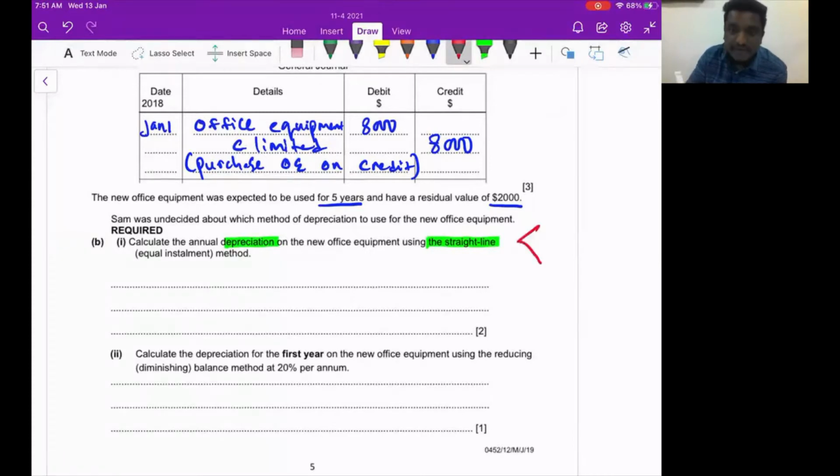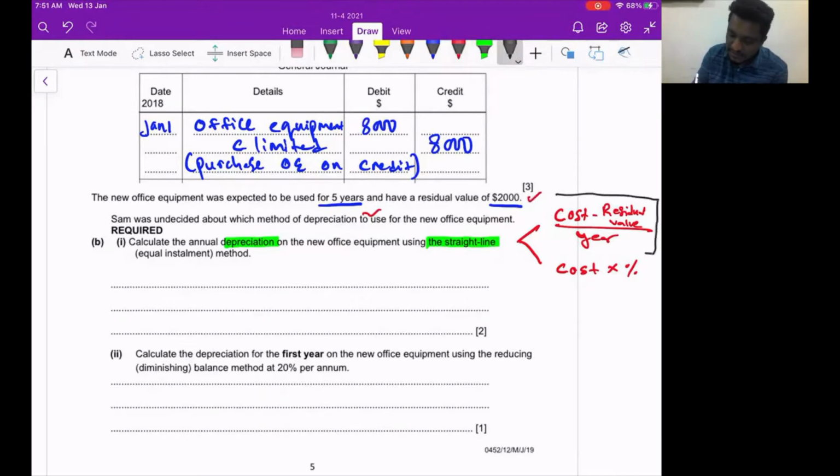We have two formulas for the straight line method. First one is cost minus residual value, divided by the useful years. Another one is cost times the percentage. Based on the information given to us, we will use the first formula.